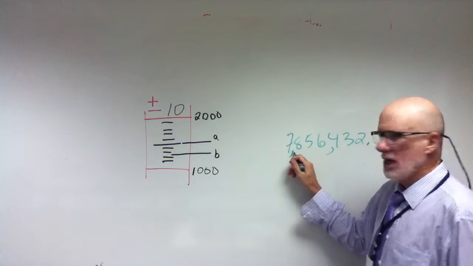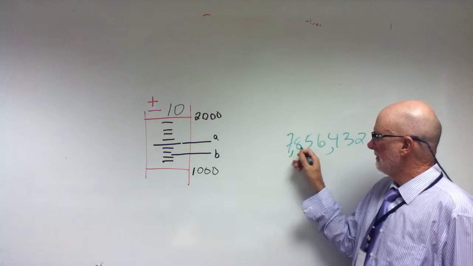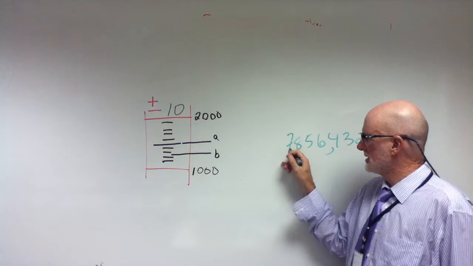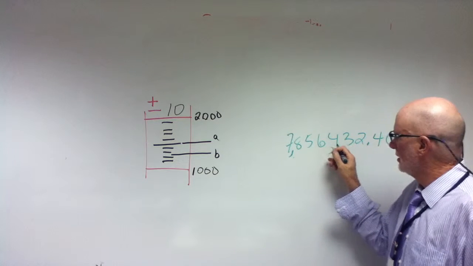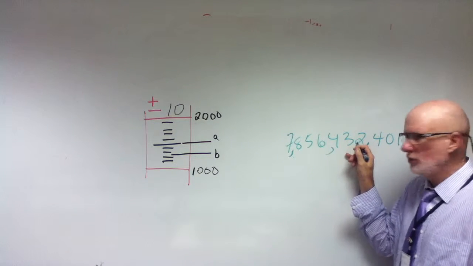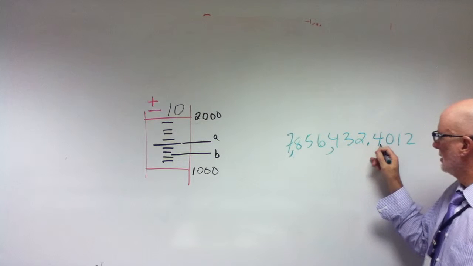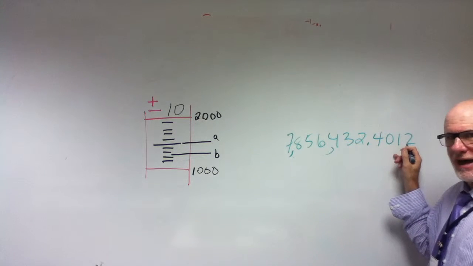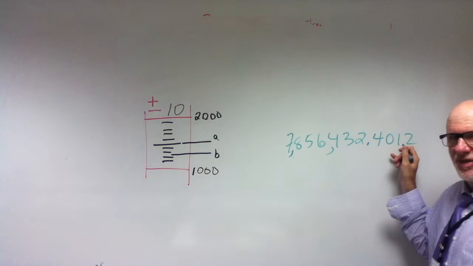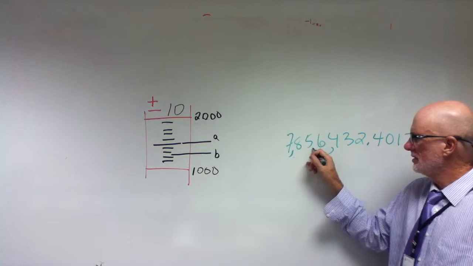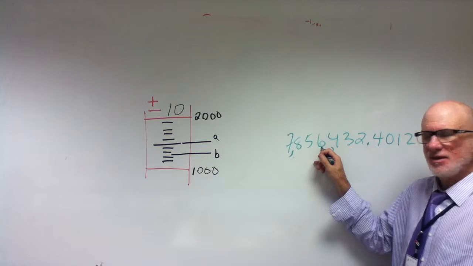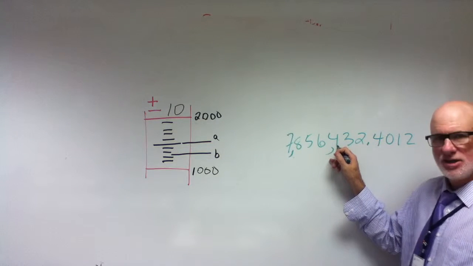So this is a comma. That means that separates groups of 3. So this is 7,856,432 and 4,012 ten thousandths. So this is millions, hundred thousands, ten thousands, thousands, hundreds.